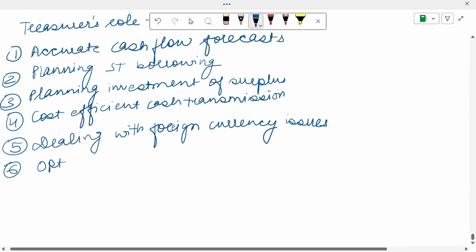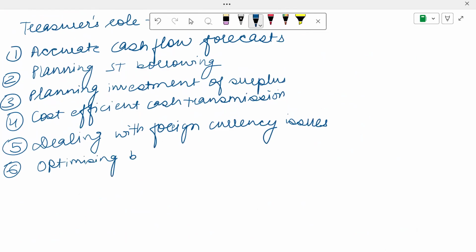Then another role that he has to play is that of optimizing bank arrangements. This again means if we are getting a loan, or we're entering into certain contracts, even these arrangements need to be optimized so that the cost that the business incurs is minimized, it's reduced to the lowest extent possible.